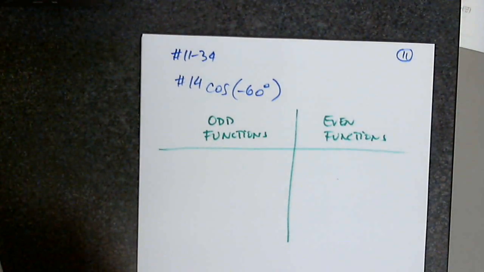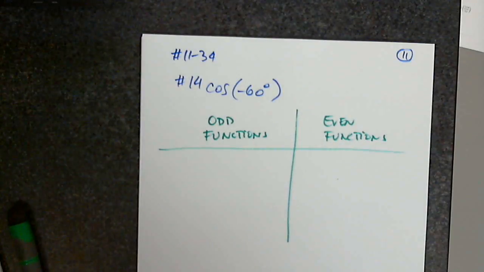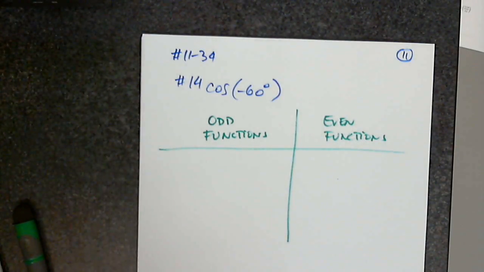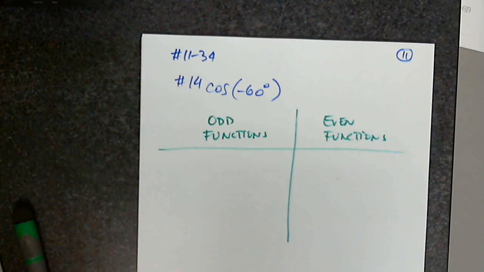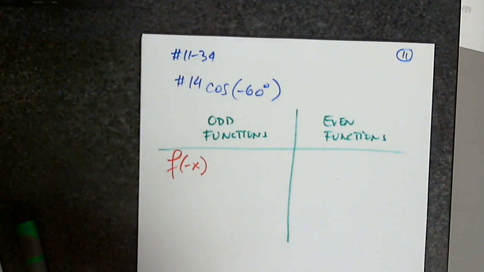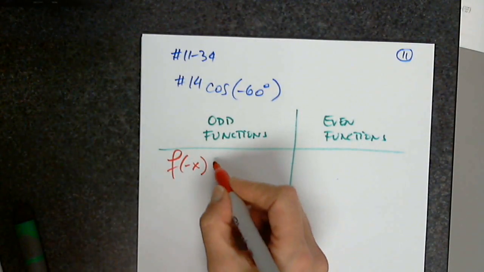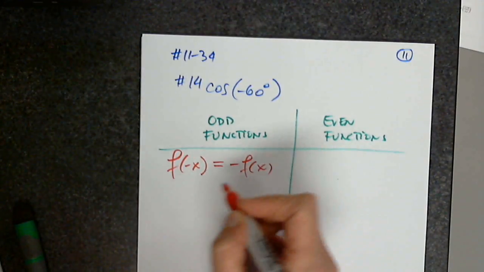We wrote it so many times when we graphed rational functions, also when we graphed polynomial functions. What is the relationship? What has to happen for a function to be odd? F of negative x. Exactly. Please do not forget this.